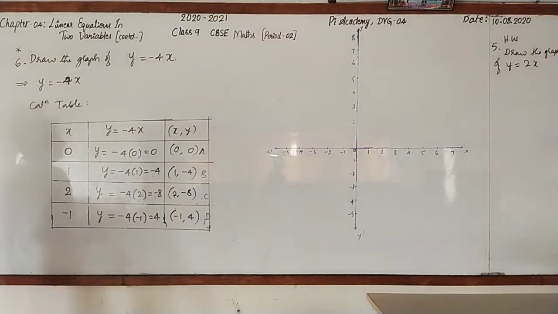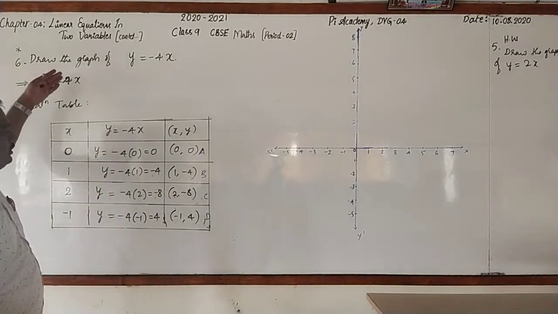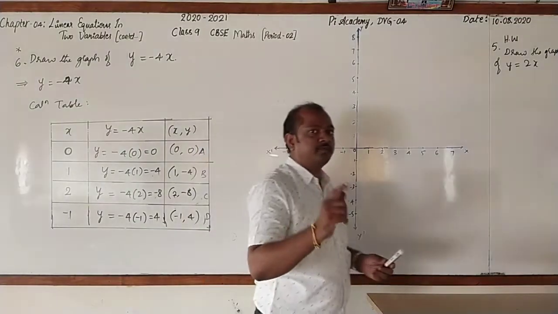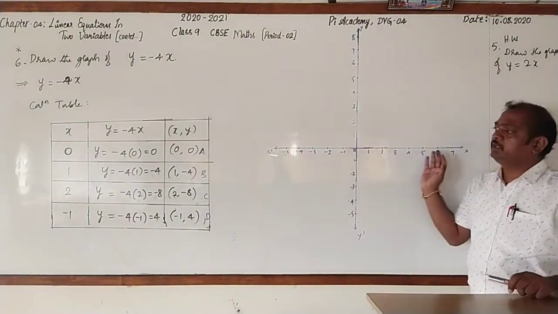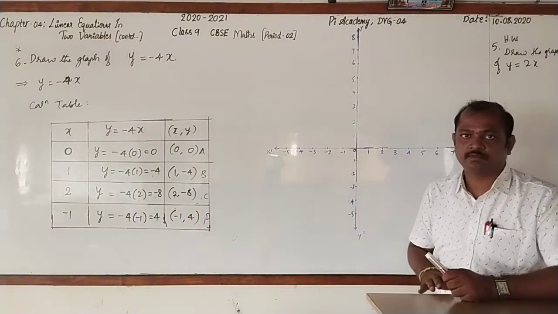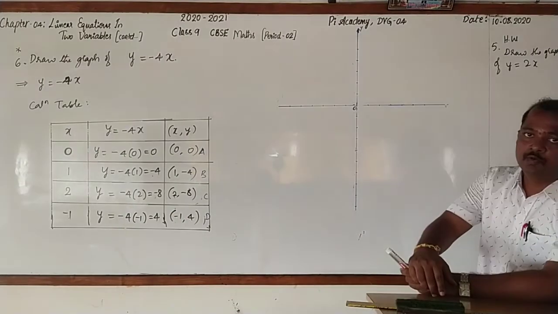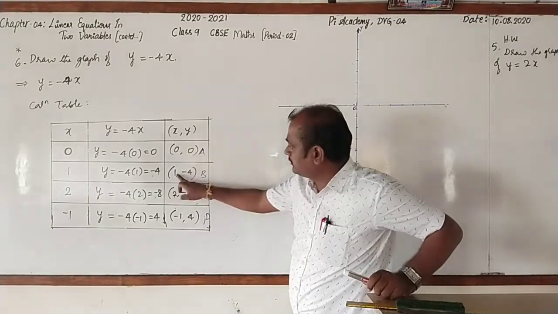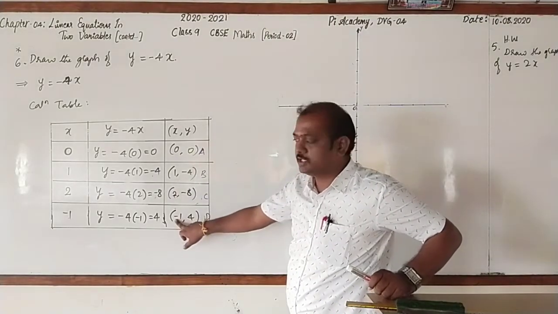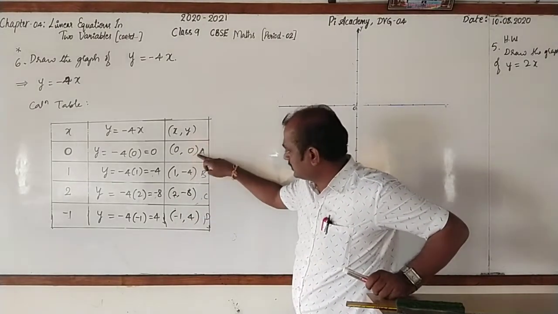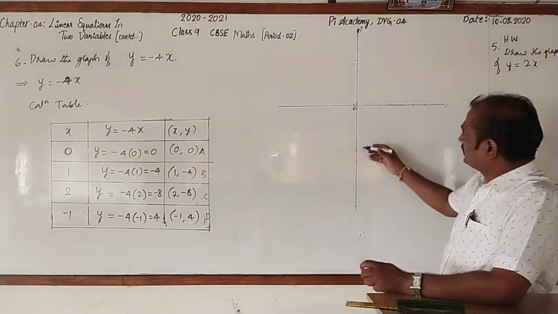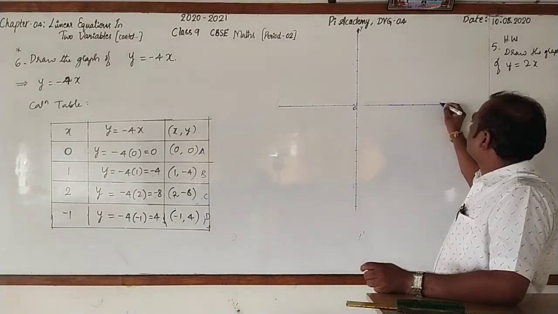Now, you go for pausing the video, then you copy up to here. Then after that, use the graph sheet, then go for drawing x and y axis. Hope that you have drawn the graph. Here, in x axis, maximum 2 and minus 1. Here, y axis, maximum 4 and minus 8. So, I have drawn the x and y axis.